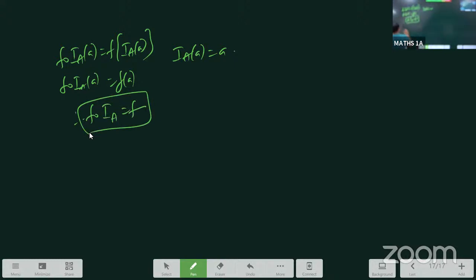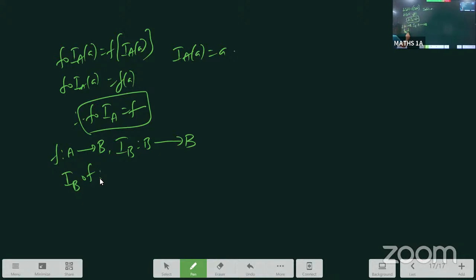Next. Now, f is mapping from A to B, and Ib is mapping from B to B. Correct? Now let us see what I have to show. Ib circle f. Which composite function should I write? In this Ib circle f composite function, what is the second function? f. What is the domain of f?